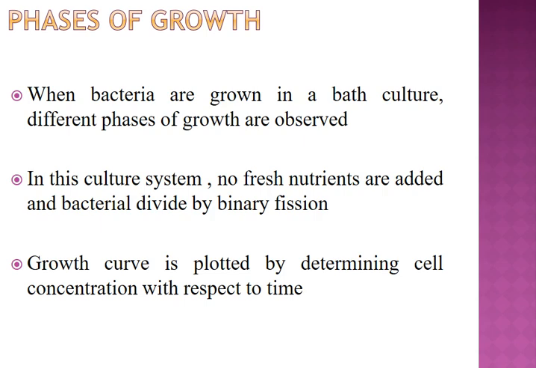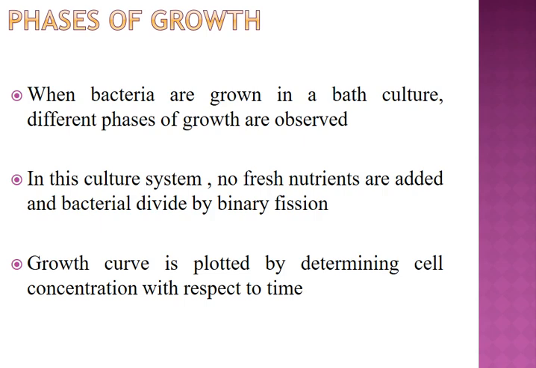For example, when we prepare nutrient broth and add a bacterial culture to it and allow this bacterial culture to grow for 24, 48 or 72 hours, that culture system is called a batch culture. In such a culture system, we do not add fresh nutrients nor withdraw the grown culture. Such a system is called a batch culture.